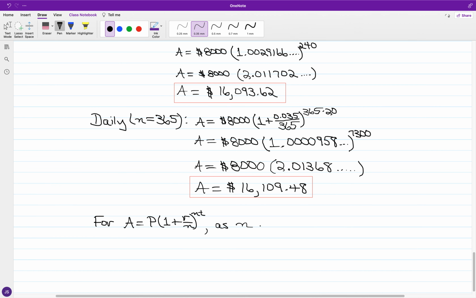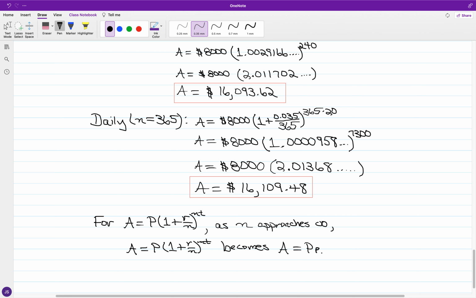And as N approaches infinity, for this particular formula, this statement is going to become A is equal to P times E raised to the R times T power.